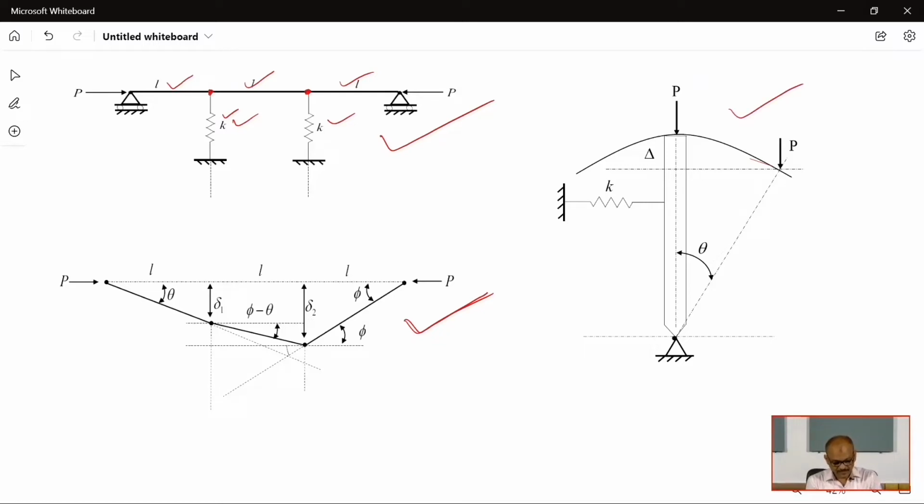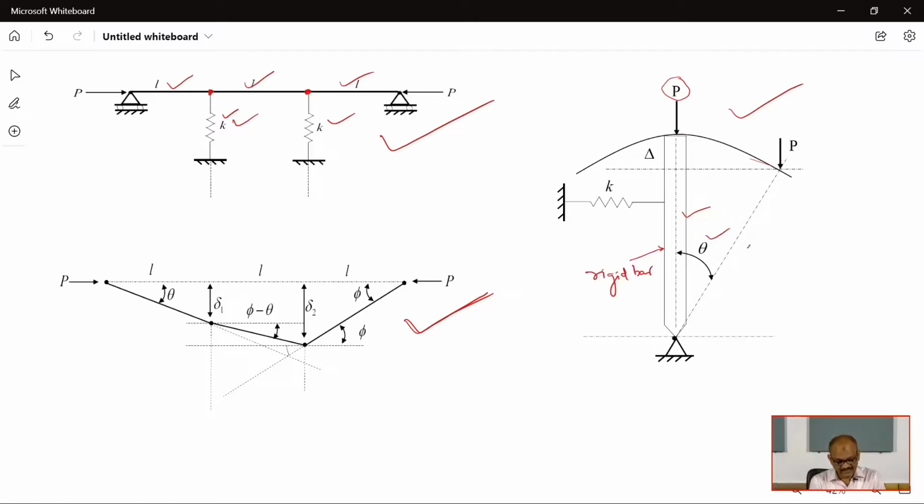When the rigid bar is applied with axial load P and gets deformed, the load P moves downward by a certain distance. This is the delta. We can calculate the delta so that we can find the total work done by the external load.